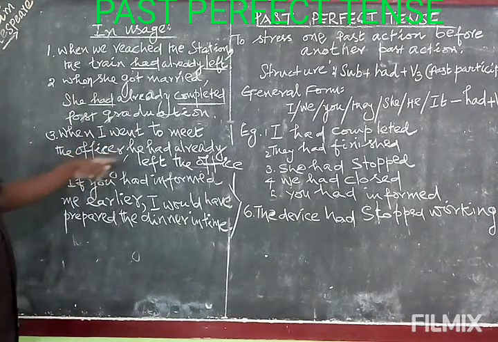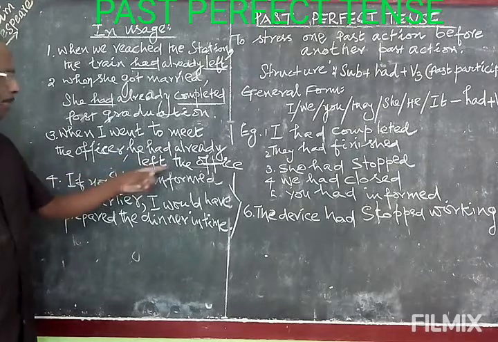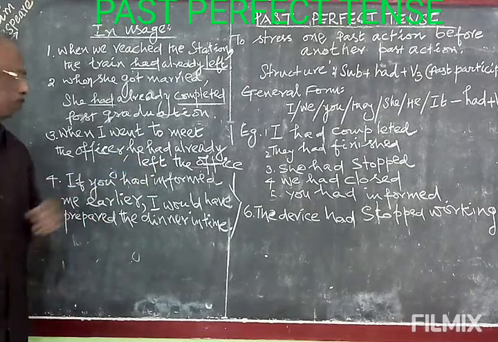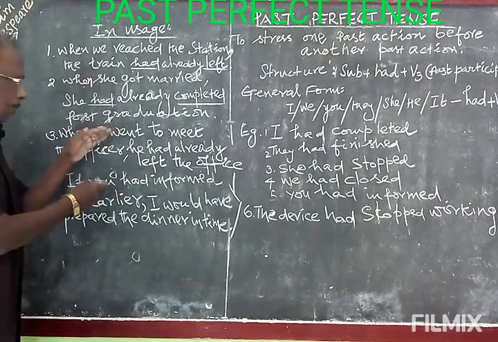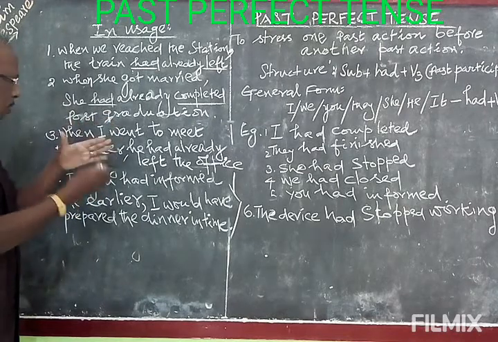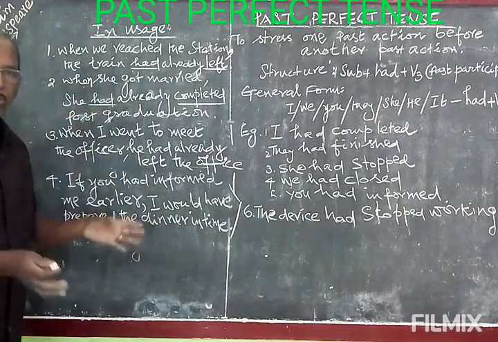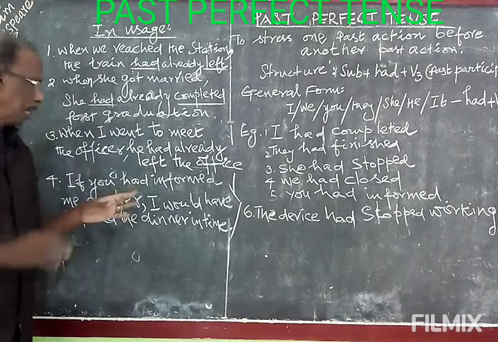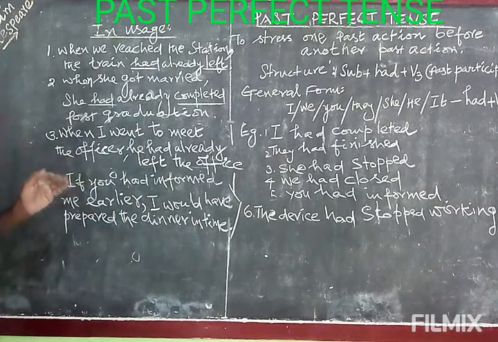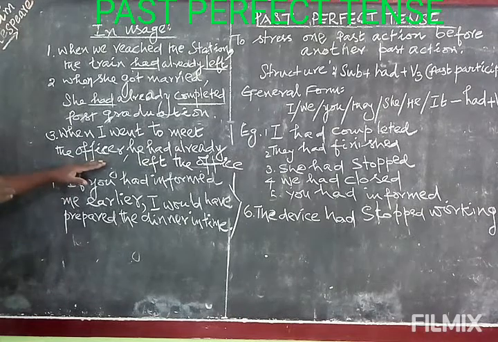When I went to meet the officer, he had already left the office. I went to the office, that is also past tense. The officer had left the office, that also happened in the past. So which one happened first? For that only we use past perfect tense.